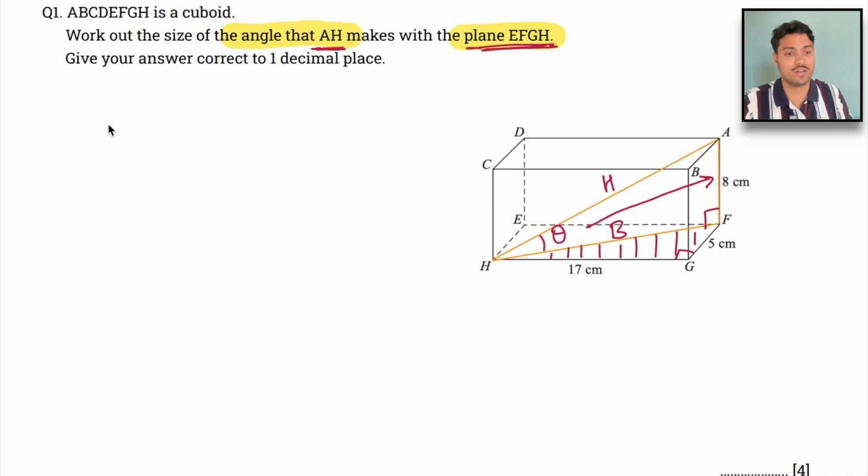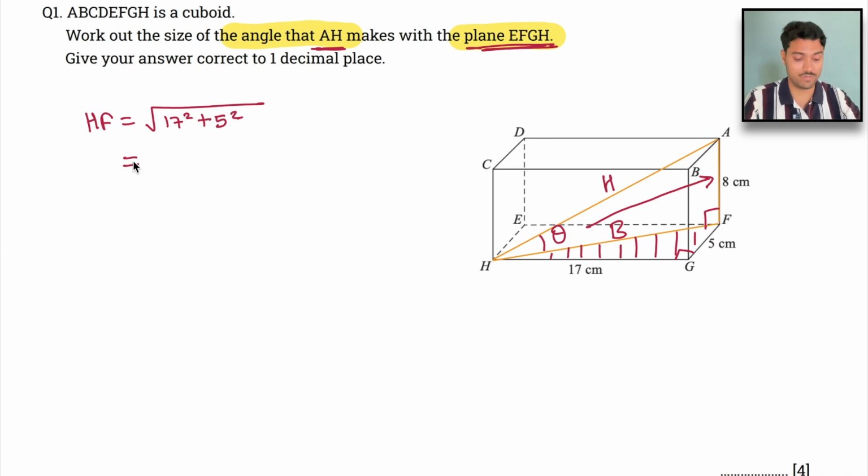That is, HF is equal to the square root of 17 square plus 5 square. Let's do this in the calculator to get the value of HF. The square root of 17 square plus 5 square is the square root of 314. Because this is not the final answer, we'll leave HF as the square root of 314.